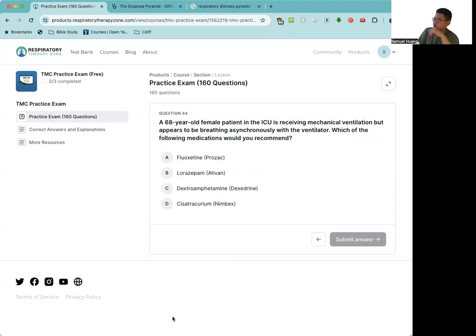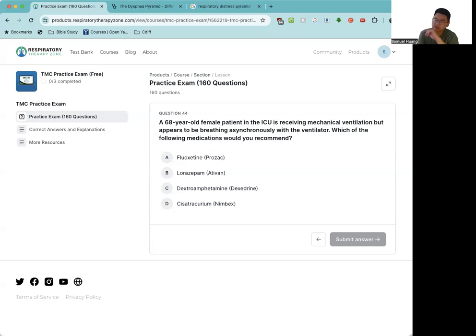68-year-old female in the ICU getting mechanical ventilation, but breathing asynchronously with the ventilator. What you can do is go up on the sedation. You could increase your propofol, increase your Precedex, or give something like a paralytic. You can give something to help sedate them, like Ativan.